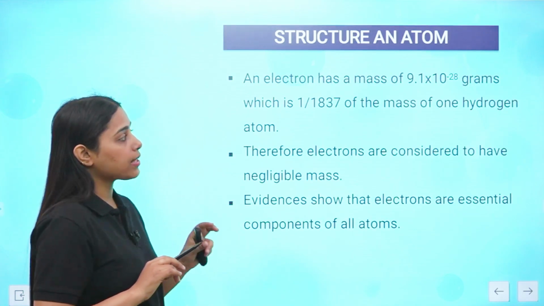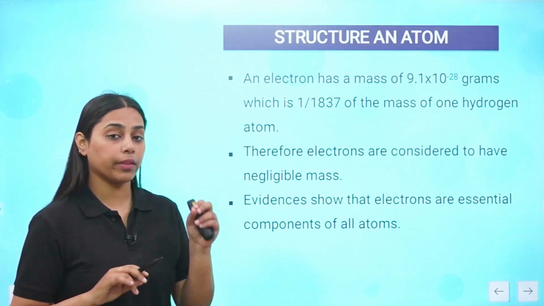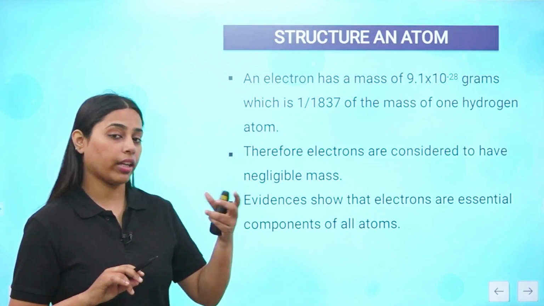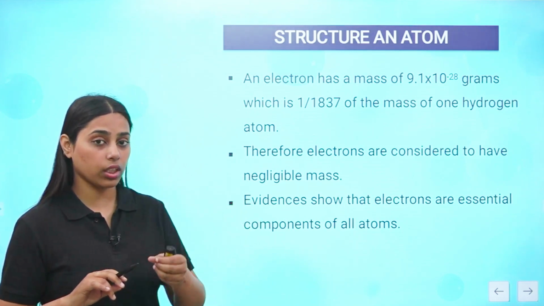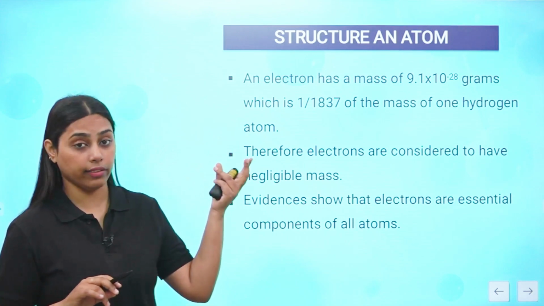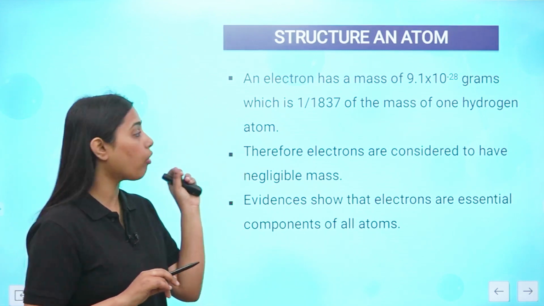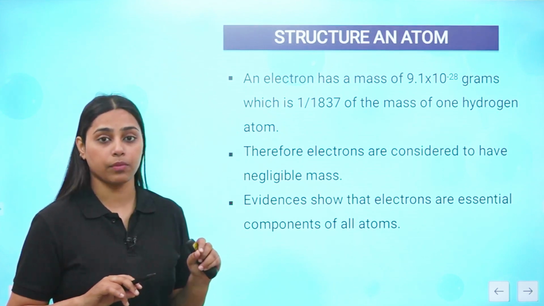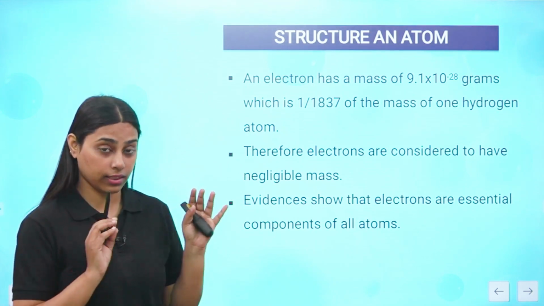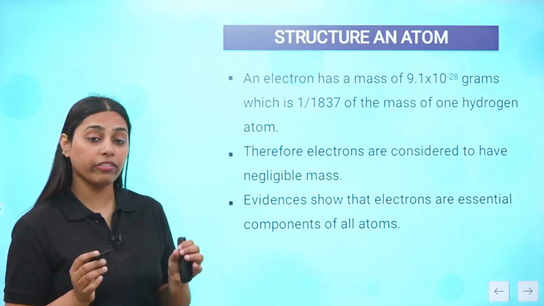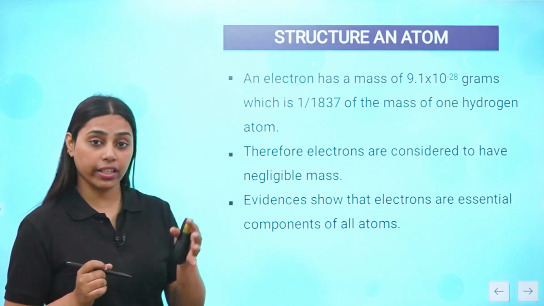An electron has a mass of 9.1 into 10 power minus 28 grams, and in terms of kg, it becomes 10 power minus 31, which is 1 by 1837 of the mass of one hydrogen atom. So this particle is very small, and definitely the mass will be very reduced.